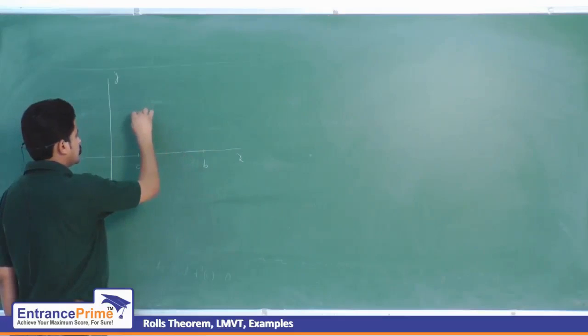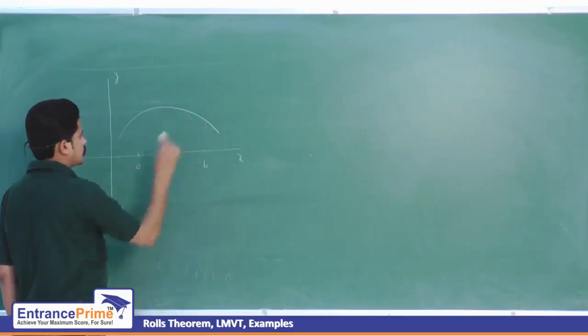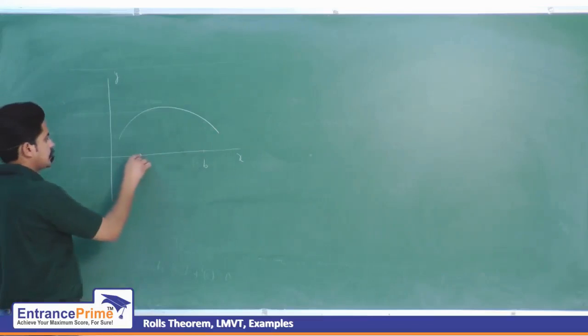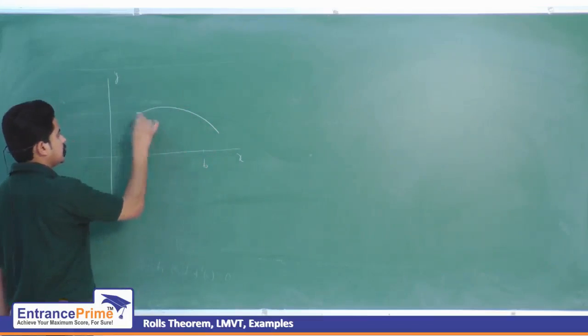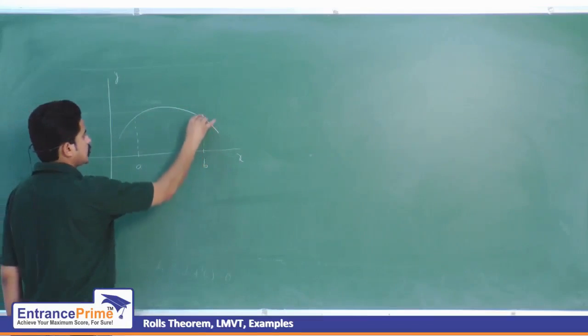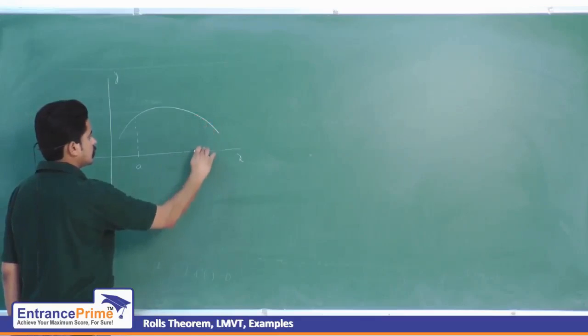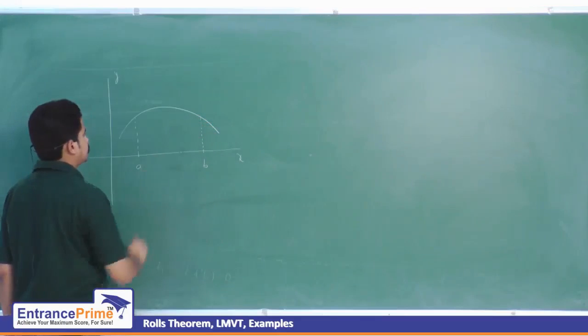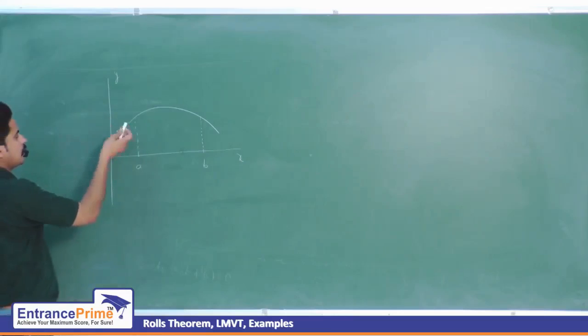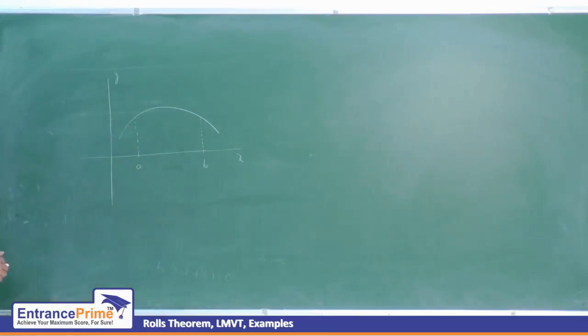So suppose this is the function such that it is continuous in the interval, it is differentiable, and the value at x equal to a is the same as the value at x equal to b. This is the value of f(a) as well as f(b).